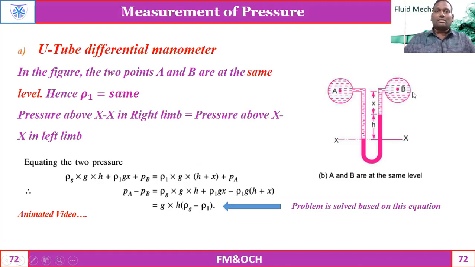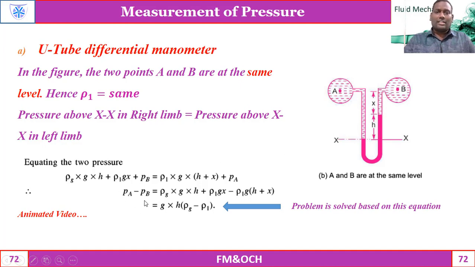Another case is when the pipes are at the same level. Because the pipes are at the same level, the density in this pipe is equal to the density in the other pipe. So the density is the same. As per Pascal's law, we need to equate the pressure above X-X in the left limb and the right limb.